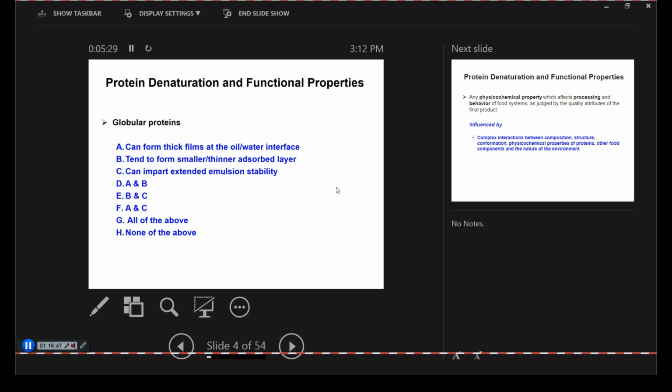However, a smaller or thinner adsorbed layer is usually formed by an open structure protein. Let's say casein is an open structure protein, so one molecule will extend over a larger surface area. It can easily get to the interface, so it forms an emulsion more easily at lower protein concentration.